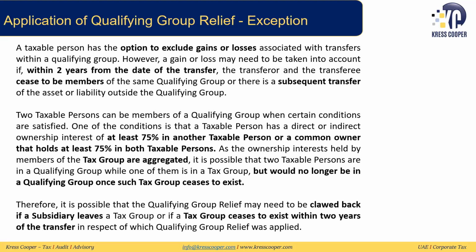But if they were not part of the tax group anymore, they would not meet this condition. So it is possible that this qualifying group relief that is given might need to be clawed back if that subsidiary leaves the tax group, as it won't be able to meet this condition at an individual level, or if the tax group ceases to exist within the 2 years of the transfer.